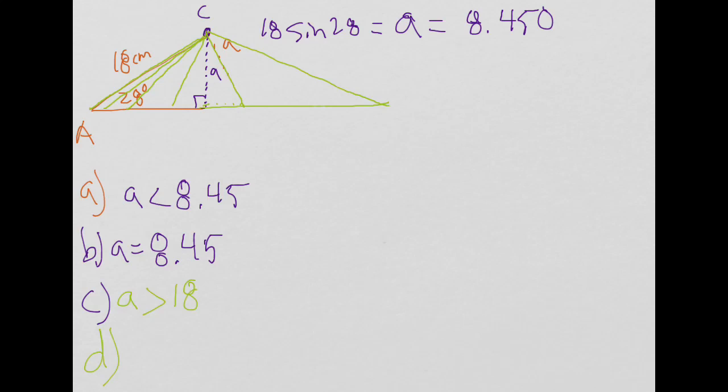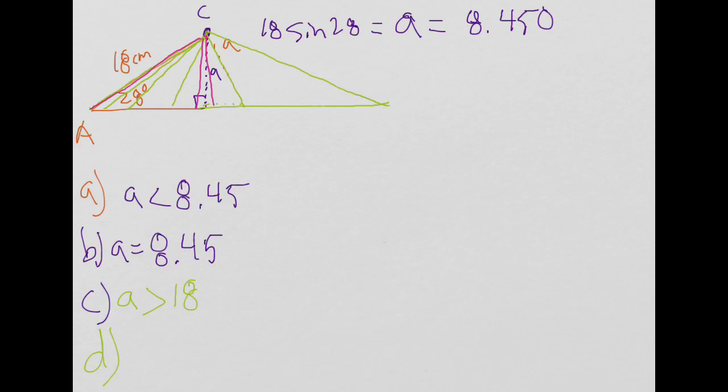If A is bigger than 8.45, even if it's ever so slightly bigger, we're going to start to get into this two-triangle world where we can go on either side. You can continue that all the way up until A hits that side length 18, because then we're only in the one triangle world again.